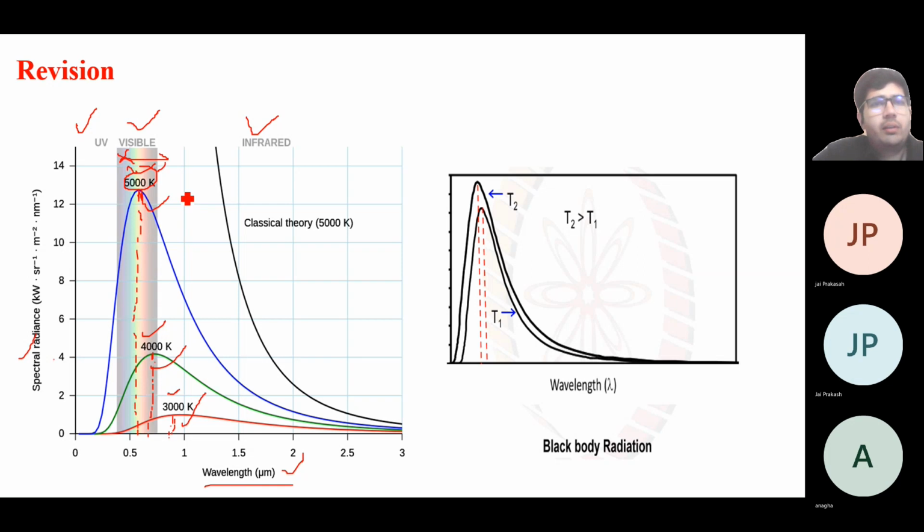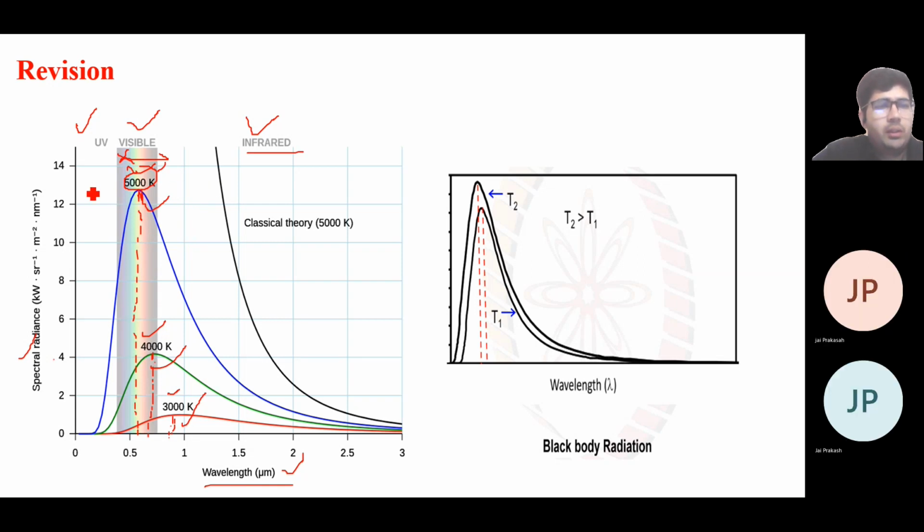After that is the infrared radiation, and before visible there is UV. Okay, so in this diagram also you can see this is temperature T2 and the lower one is temperature T1. So T2 is greater than T1, and the peak wavelength shifts towards the right side. Okay, this is a very important consideration: the peak wavelength will shift towards the right side when the temperature is decreasing.